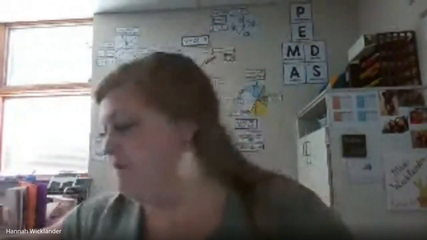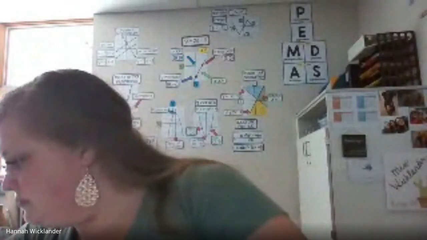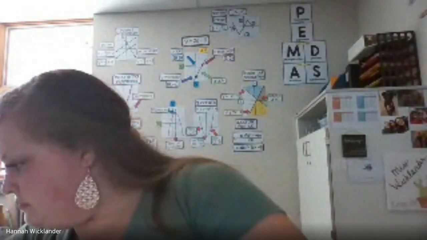The formula for the surface area is S equals 2LW plus 2LH plus 2WH. And we're trying to solve the formula for length. So what I'm going to do first is I'm going to subtract the 2WH from both sides because I want to get the L's on one side and everything else on the other side.